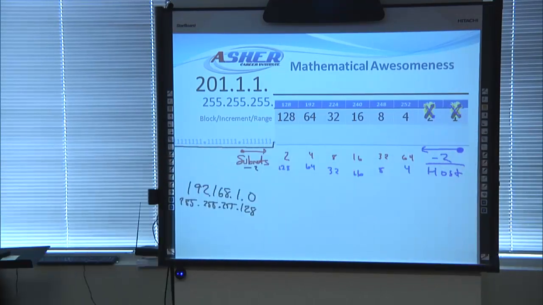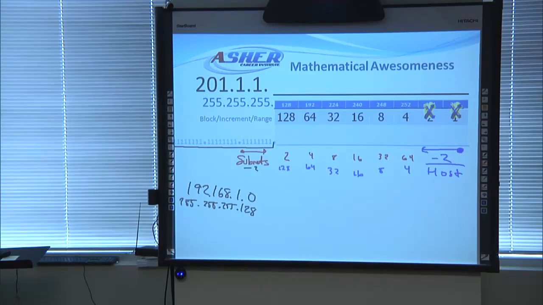I guess I'm stuck. Okay, so you've got this, good. Let's go back to my chart. So here's your subnet mask, here's your block. How many subnets would I have? 1, 2, 3, 4. You're missing the numbers. Look at my chart, because yours has too much writing on it and it's confusing you. Just draw my chart right here.